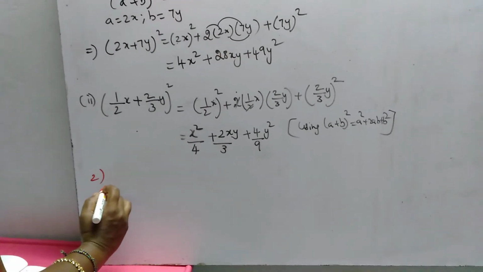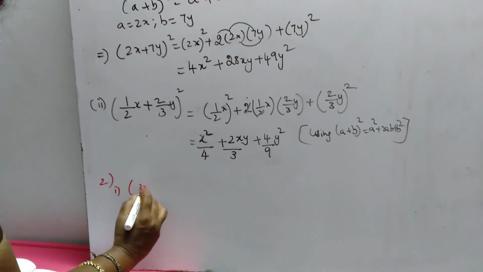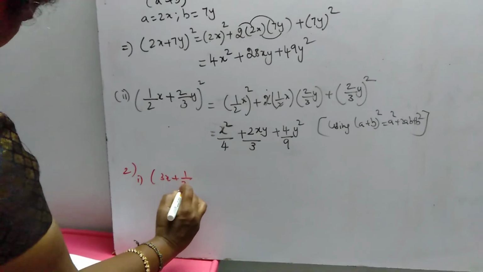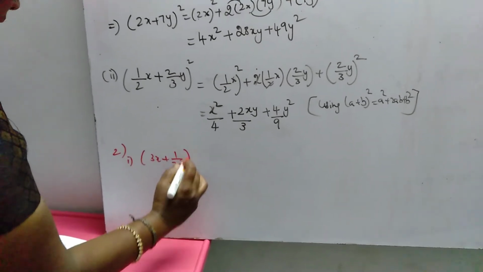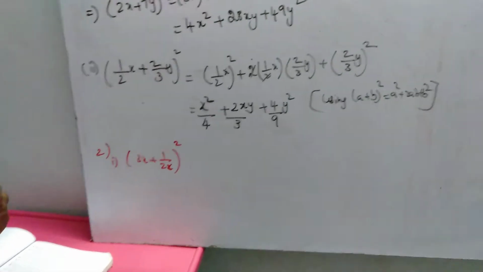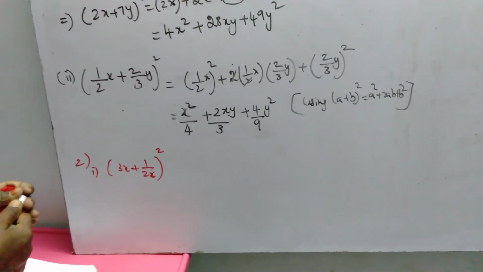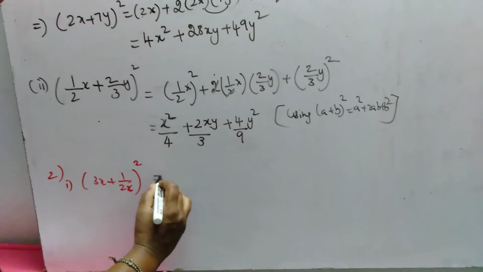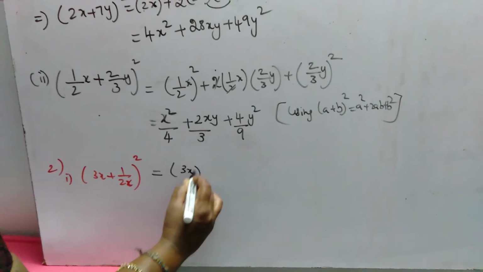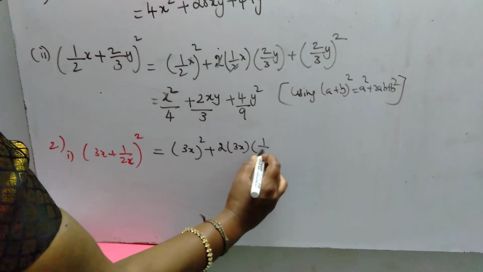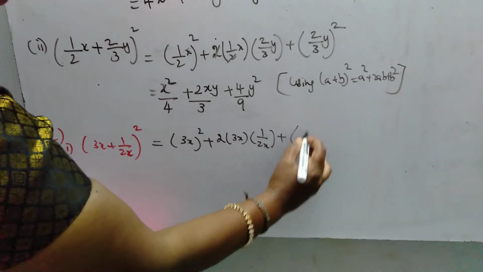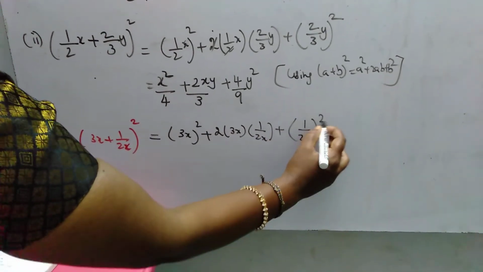Our next question is (3x + 1 by 2x) the whole square, which can be written as a square plus 2ab plus b square.